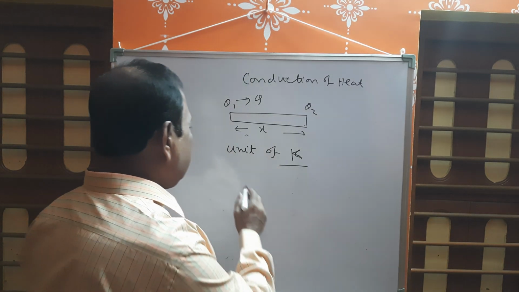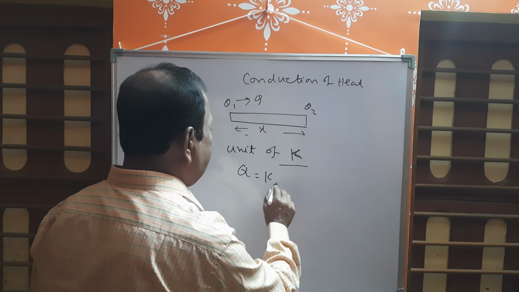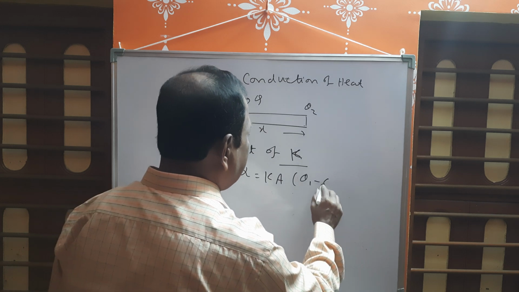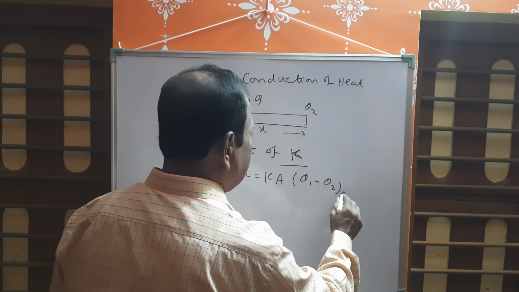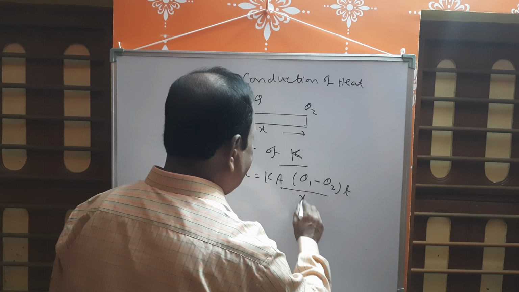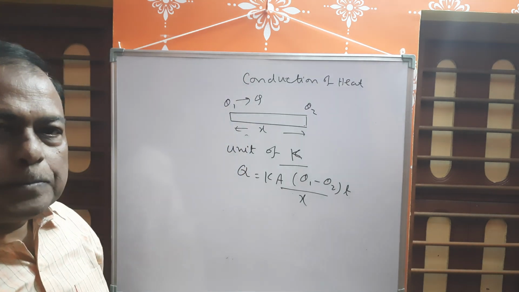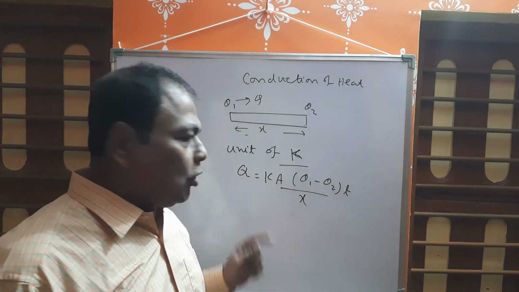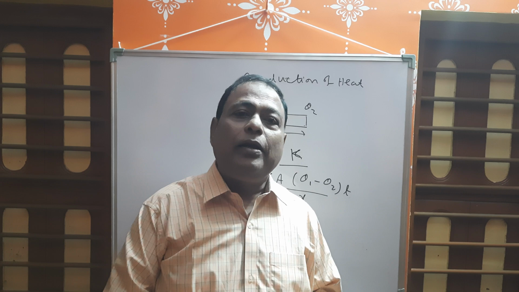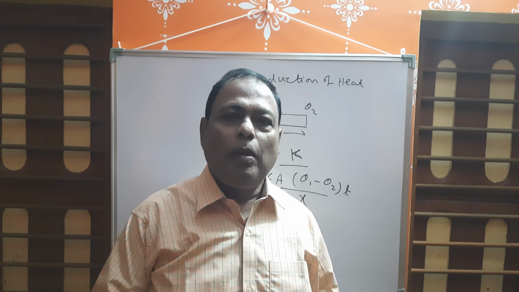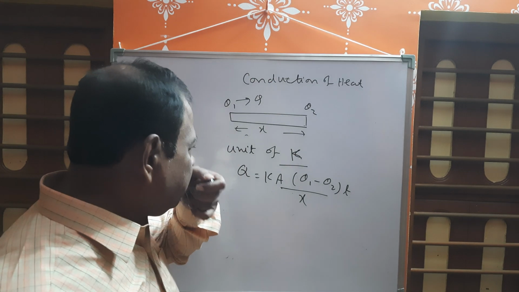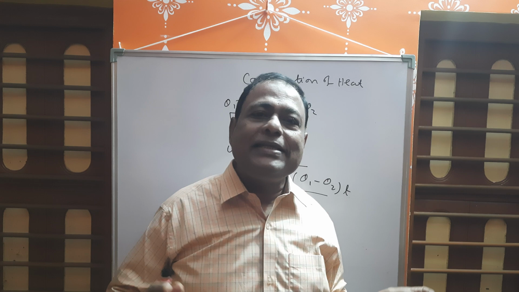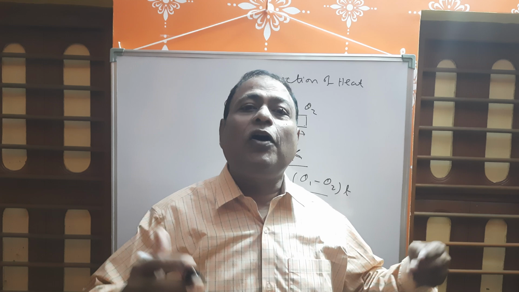You know the equation Q is equal to K A (theta 1 minus theta 2) t by x. To find the dimension of K, what is the dimension of Q? Q is nothing but heat energy. Heat is a form of energy.